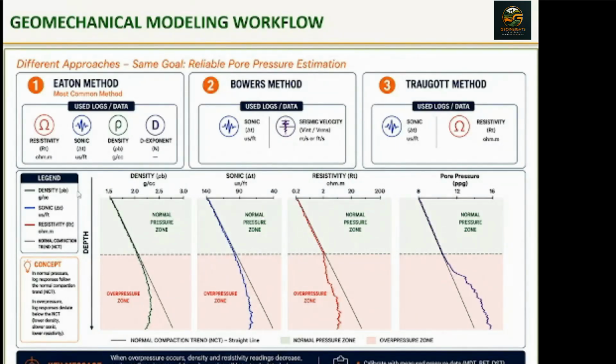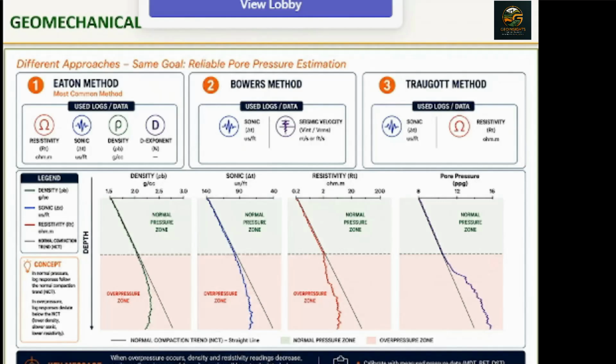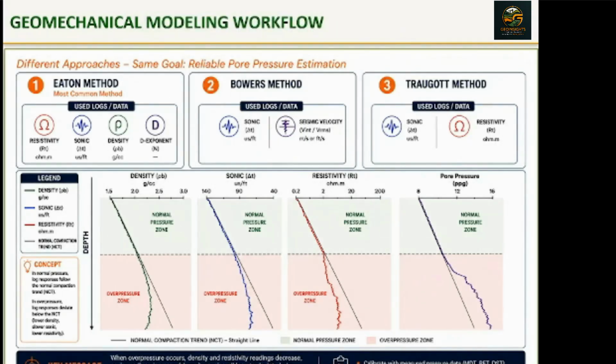you just have a look at this equation or these figures. For the Eaton method, they use different logs, including resistivity, sonic, density, and even the D exponent itself. So all of these logs are used to identify the same idea. There is a normal compaction trend, which is this straight line, okay?